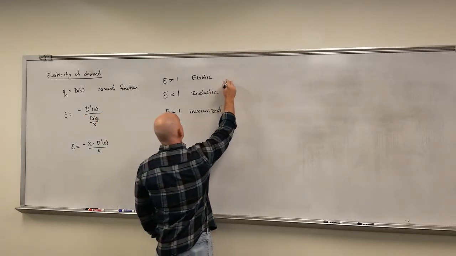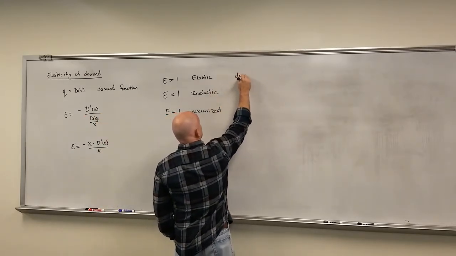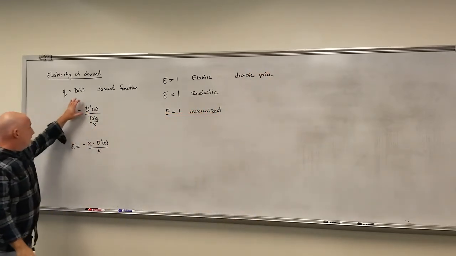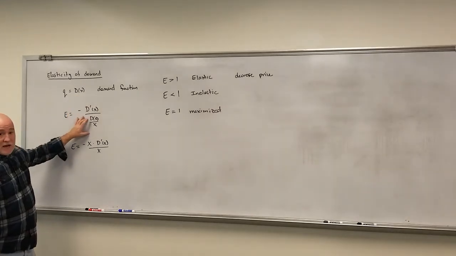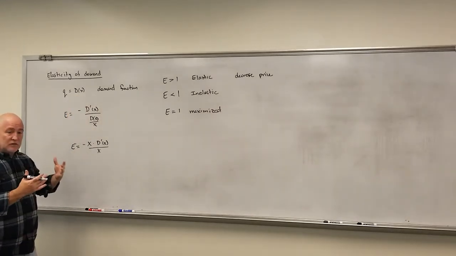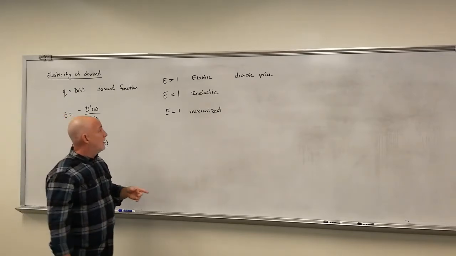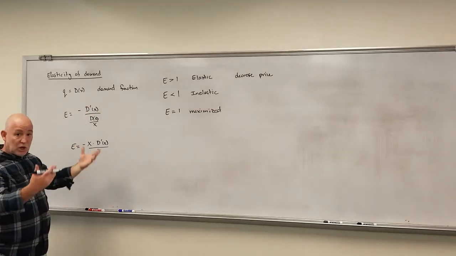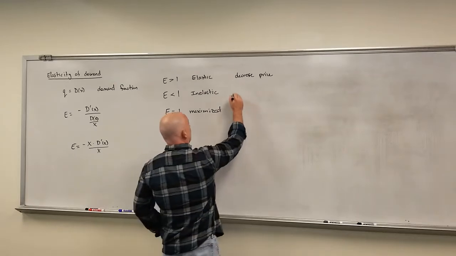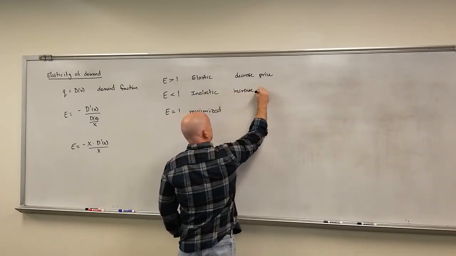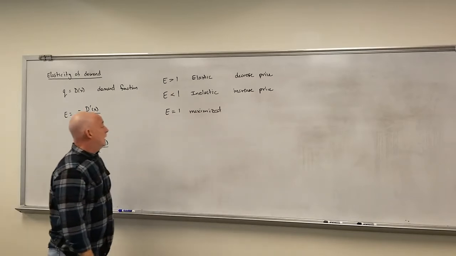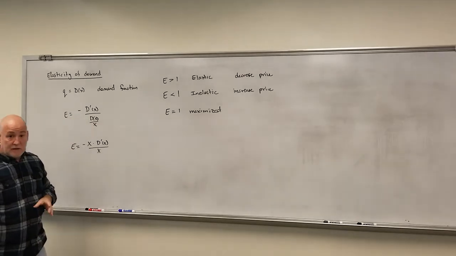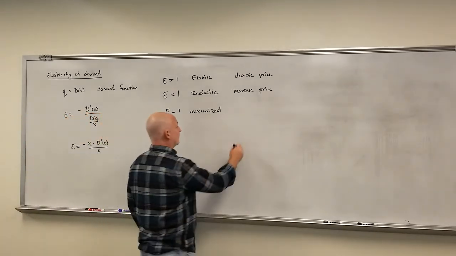So if the elasticity is greater than 1, we want to decrease our price, because the instantaneous rate of change is bigger than the average. You want those two things as close as possible. Of course, the other way around, if E is less than 1, that means the instantaneous rate is smaller than the average. That means you can increase the price a little bit. And if E is equal to 1, that means the instantaneous rate of change of the demand over the average demand is perfect. So this is the perfect price.